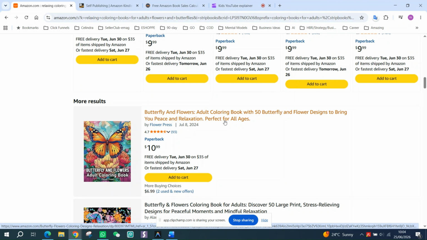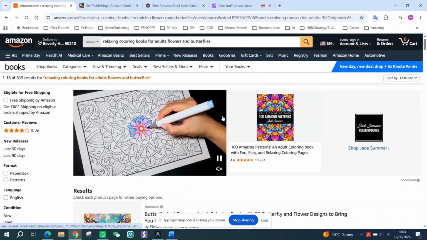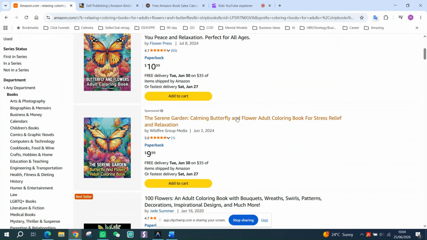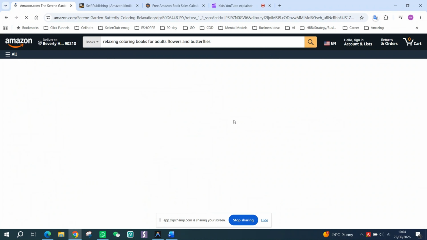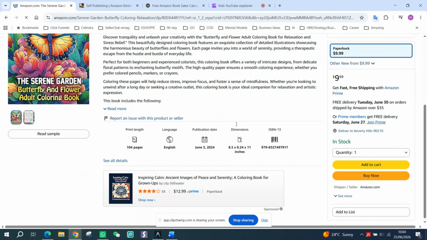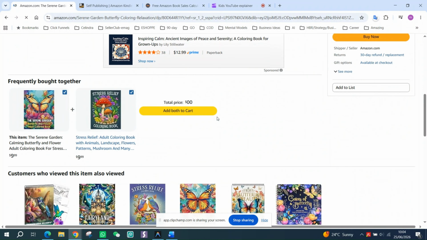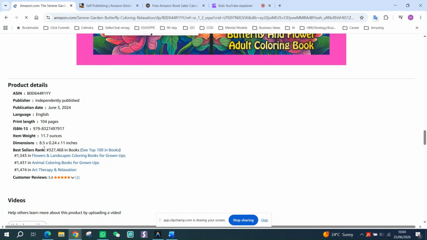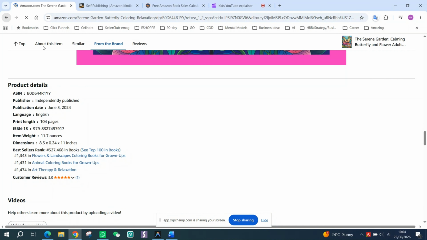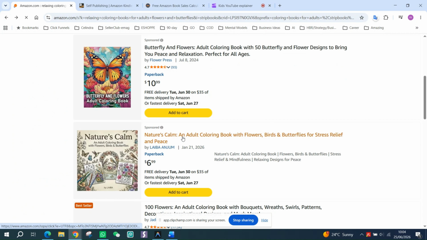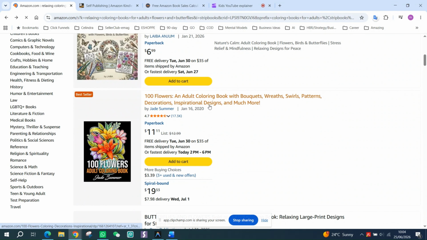So if you find on the first page on Amazon for this keyword at least maybe 3 books with BSR under 300,000, then you can say that's a good niche, and it's worth trying to get into. This one is over 300,000, so we need to go back and see if another book is better positioned.